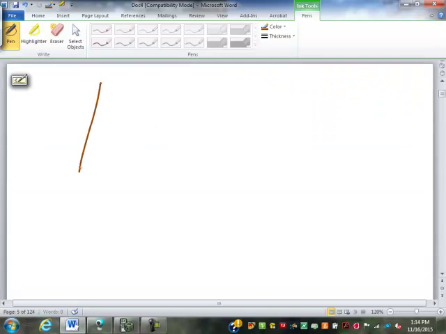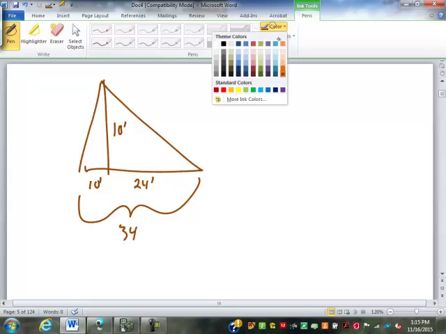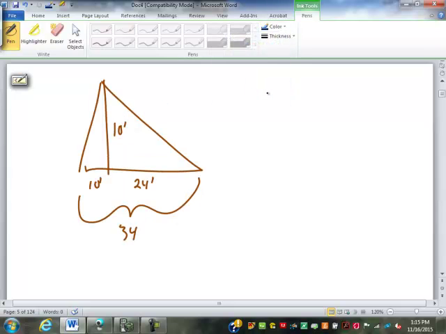So we had then this one had a 10-foot height, a 34-foot span. Do I have to do each side separately? No. It's just a base and a height of that triangle.